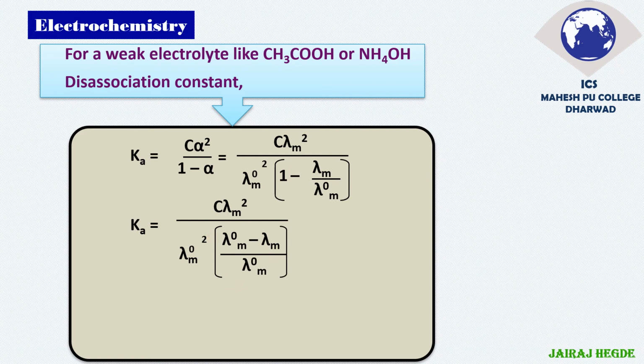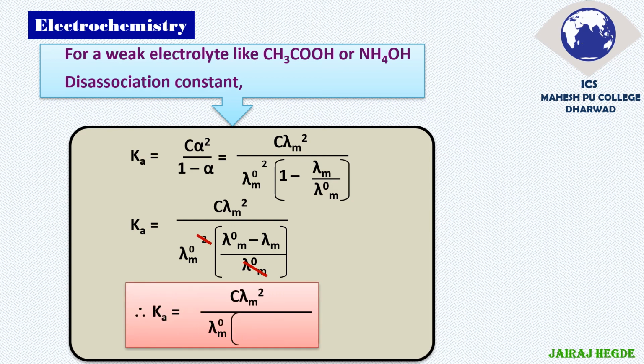Cancelling lambda m naught square and lambda m naught, Ka is equal to C lambda m square divided by lambda m naught into lambda m naught minus lambda m.